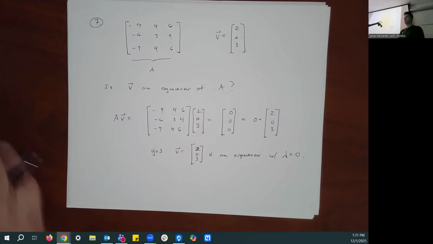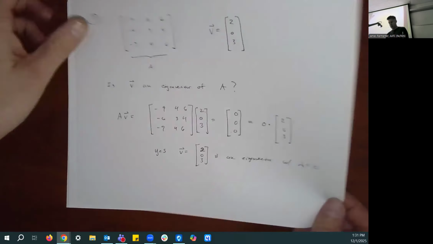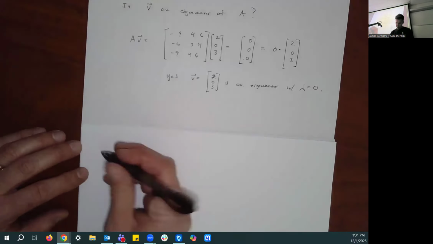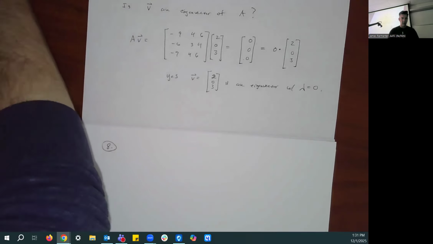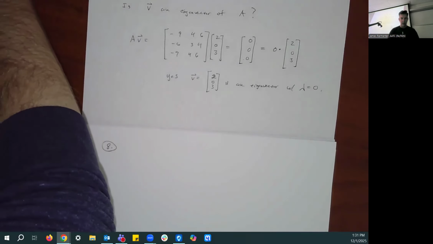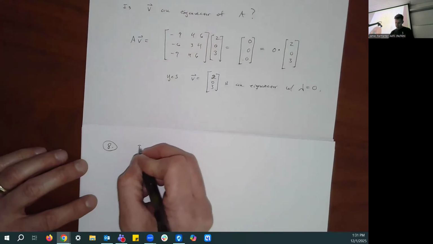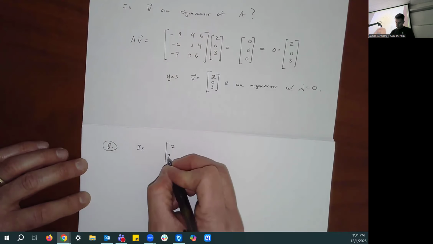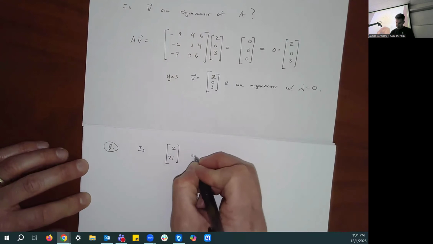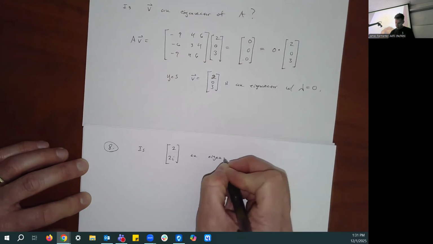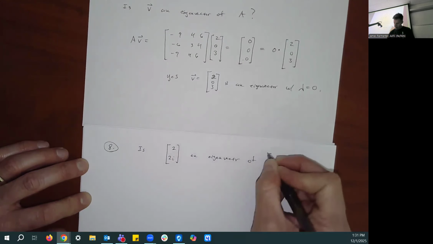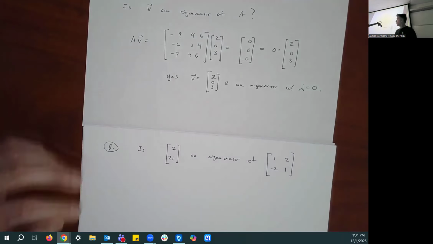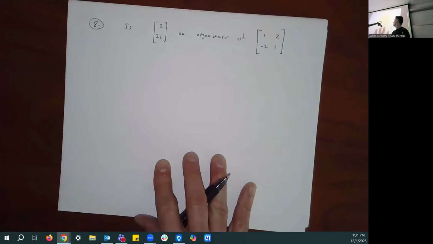It's kind of neat. Okay, one more, because there's one more I want to show you. This one is going to be kind of funky, but good to start thinking about now. Is the vector 2, 2i an eigenvector of the matrix 1, 2, negative 2, 1? Ooh, imaginary numbers.